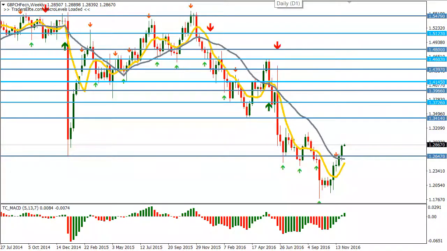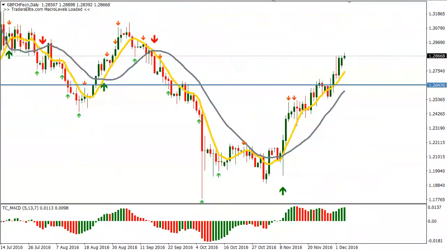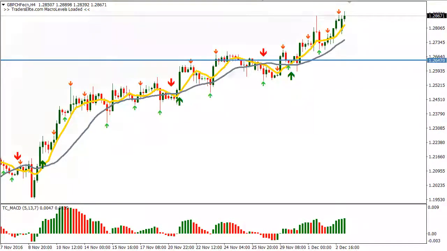They're very much mirror images of each other, the euro pound and the pound Swiss. And when you think about it, of course, Switzerland is smack bang in Europe, so it makes sense. Daily up and 4-hour up. So right now the risk is to the upside. Perhaps if it drifts down to 126.47, that would be a good opportunity to go long on the pound Swiss.